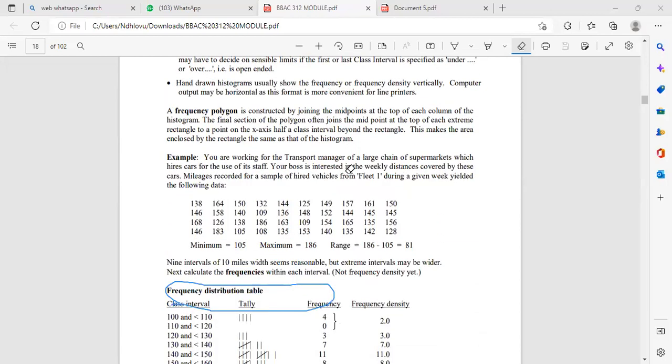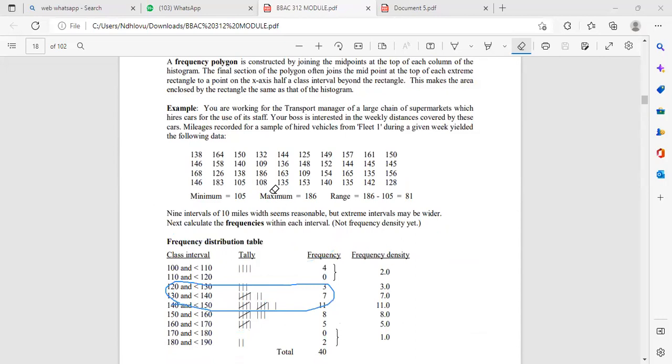All right, so here we have an example. We are working for the transport manager of a large chain of supermarkets. We have been given values from 138 to 120. The numbers are jumbled, but we are supposed to present this data accordingly.